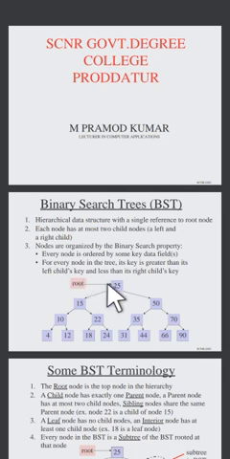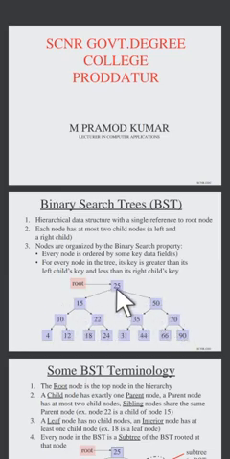Every node in the tree is greater than its left child node. This is the left child and this is the right child. And here the left children are less than the parent, and the right children are greater.